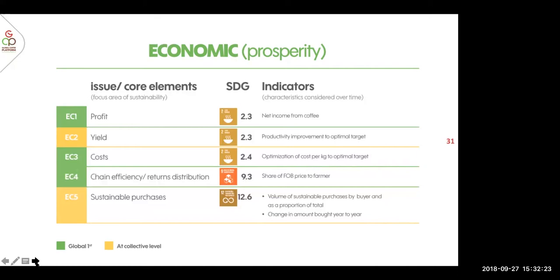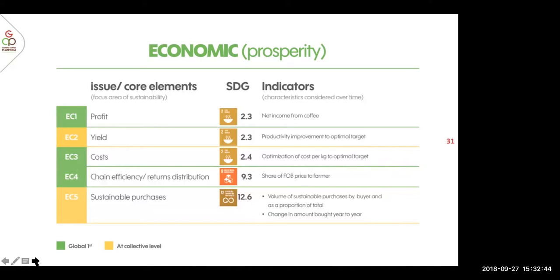So some of the key issues seen in this area were issues to do with profits, yield, the costs of production, the efficiency in the chain, and partly also returns against the whole chain.